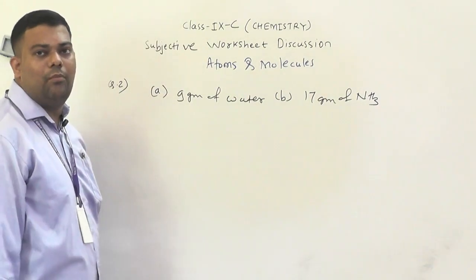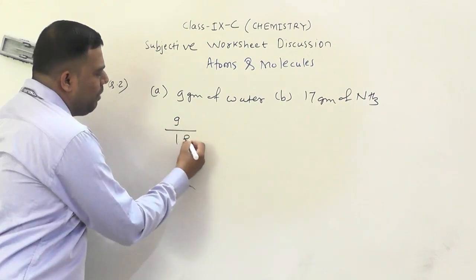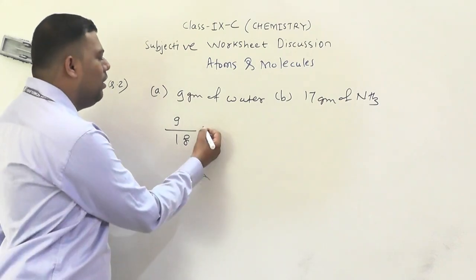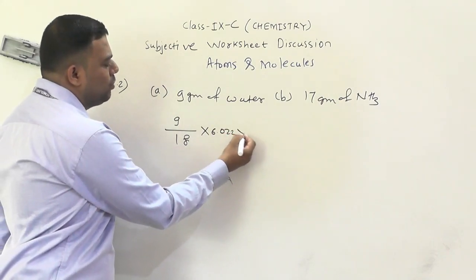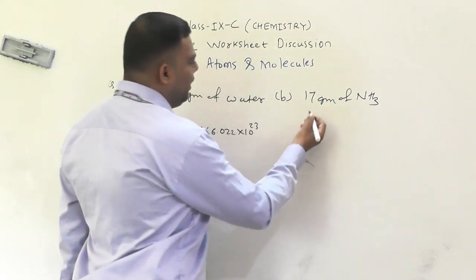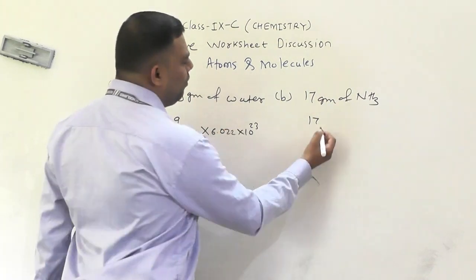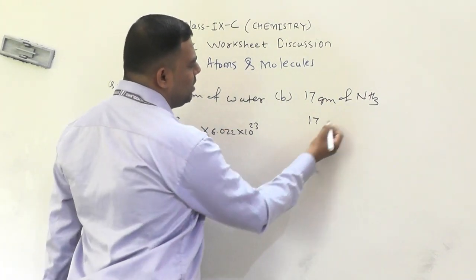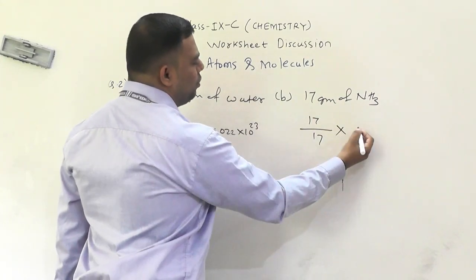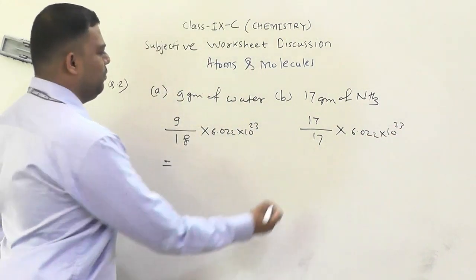In 9 gram of water, we do 9 divided by 18, the molecular mass of water, into Avogadro number, 6.022 into 10 raised to 23, and then you will get the answer easily. And here 17 grams: number of moles is mass divided by molecular mass, so 17 divided by 17, into Avogadro number, and you will get the answer here also easily. These are your subjective second question.